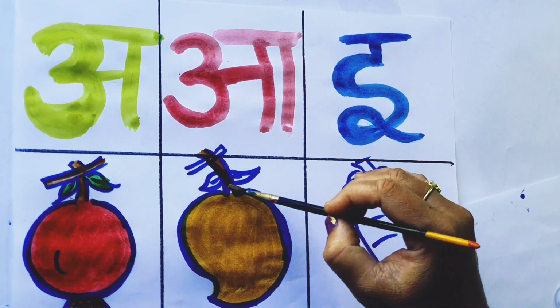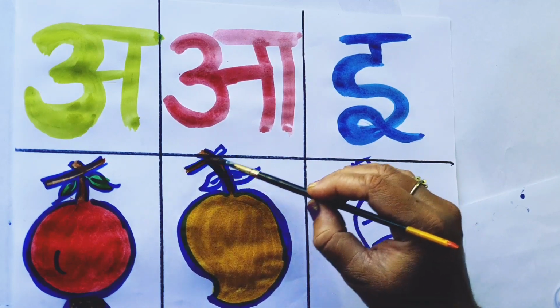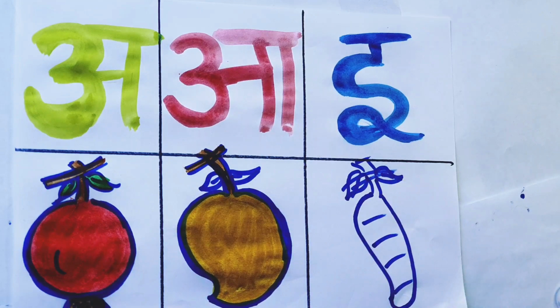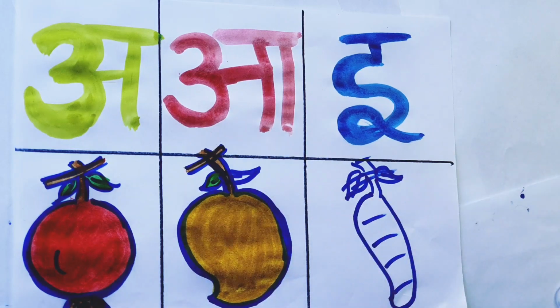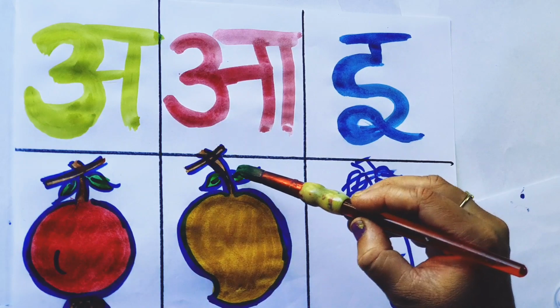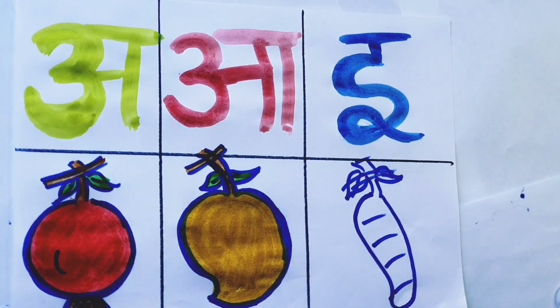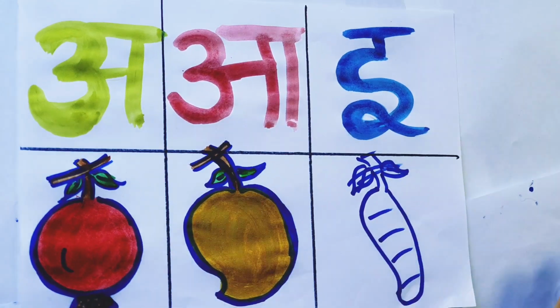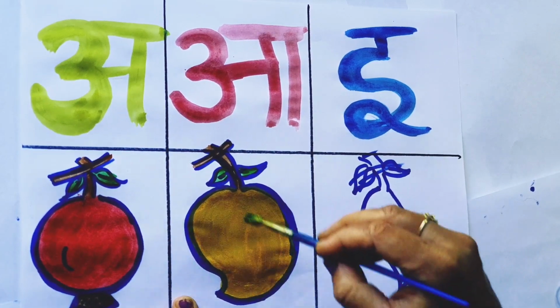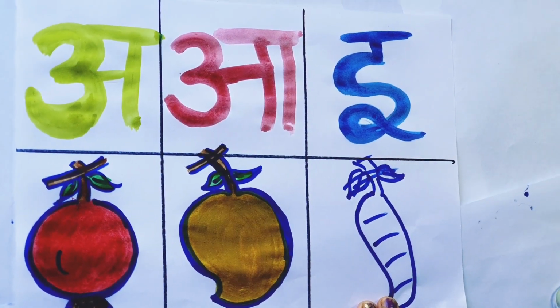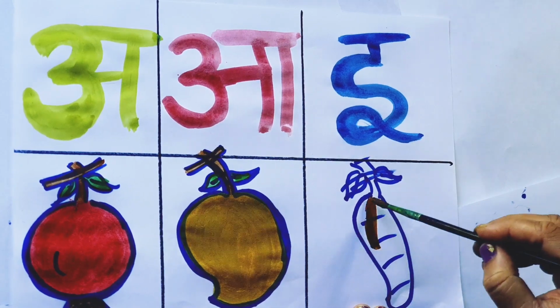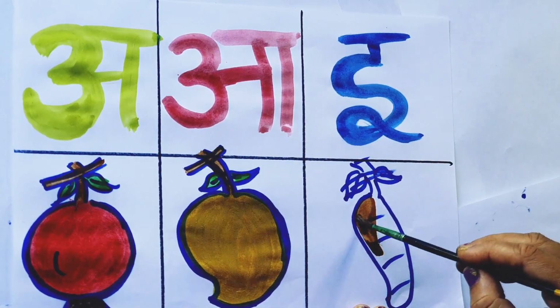For stem we use brown color, and for leaves we use again green color. Now time for imli. Choti se imli.